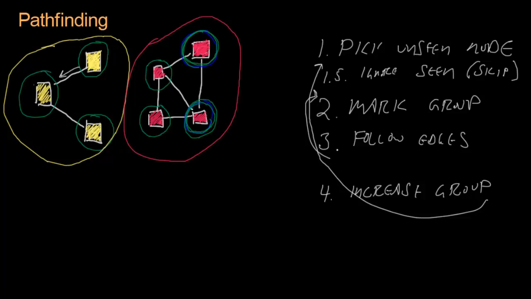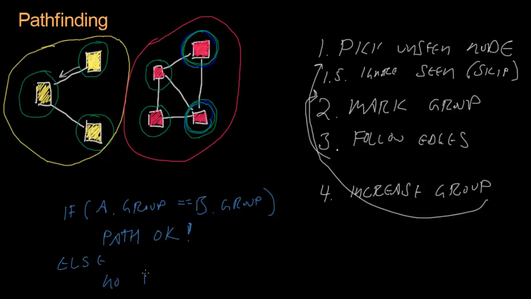So it's really simple now. If we want to determine whether two nodes are connected to each other through the graph, we just say if node A's group is equal to node B's group, and I guess I should use double equals here since we're doing an equivalence, not an assignment, then there exists a path through the graph from node A to node B. Otherwise, there is no path.